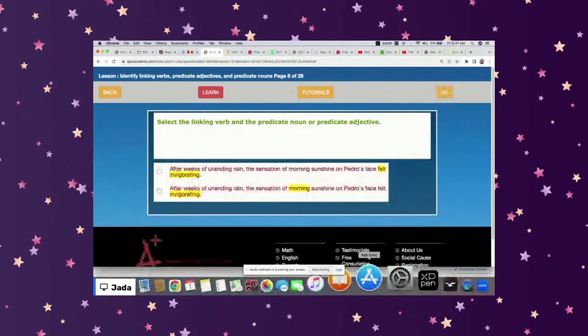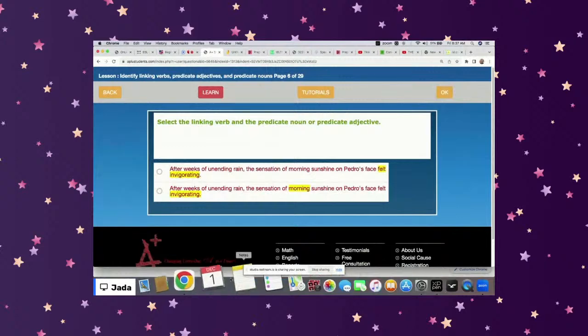Page 6. What's the next one for page? Do you think it is the first or the second? The first one?